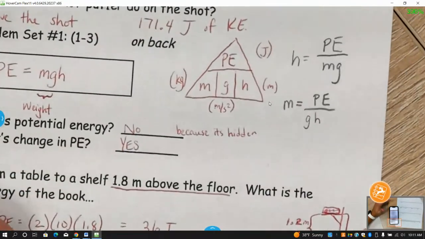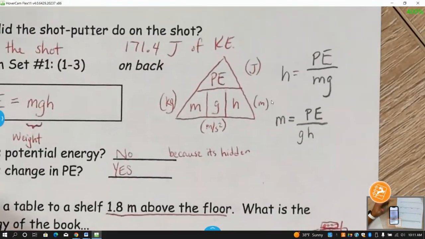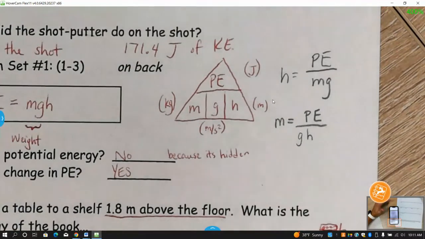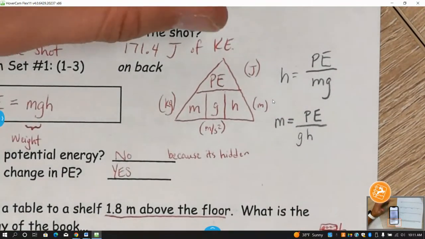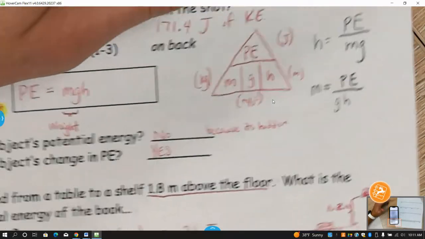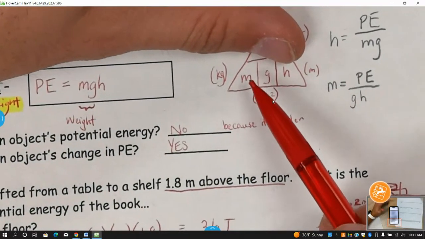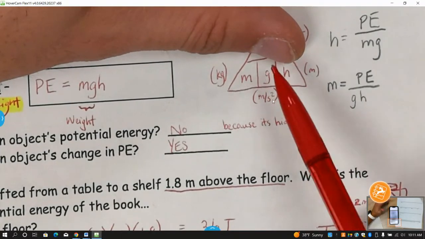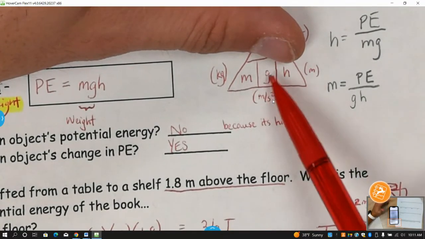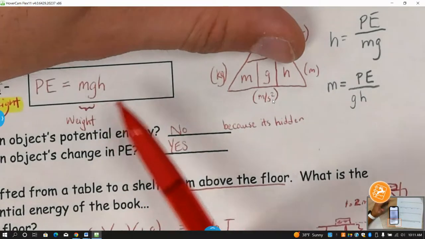We can throw this into the triangle over here. This triangle works just like our others. If I asked you to solve for PE, if I cover up PE, it equals mass times gravity times height, since if they're right next to each other, you multiply. That is our equation over here.